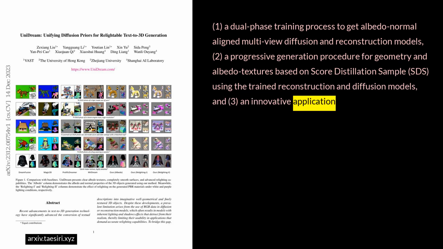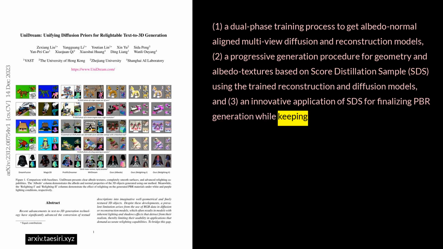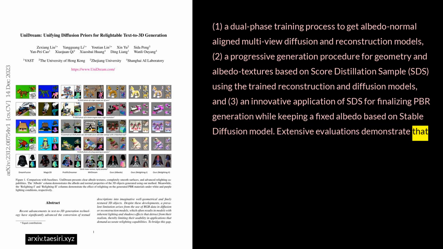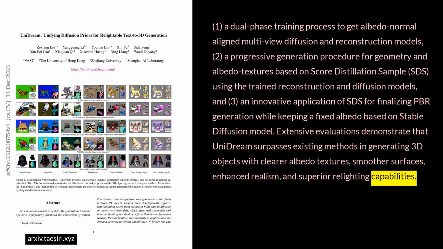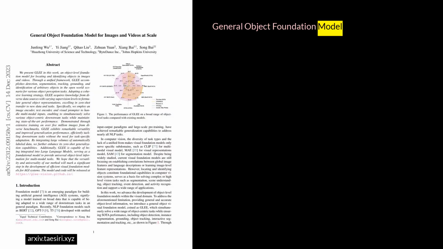An innovative application of SDS for finalizing PBR generation while keeping a fixed albedo based on the stable diffusion model. Extensive evaluations demonstrate that UniDream surpasses existing methods in generating 3D objects with clearer albedo textures, smoother surfaces, enhanced realism, and superior relighting capabilities.